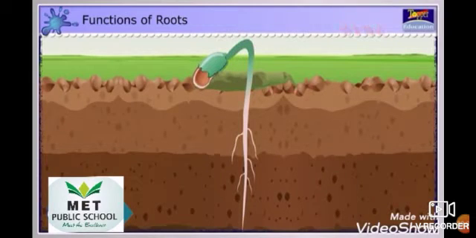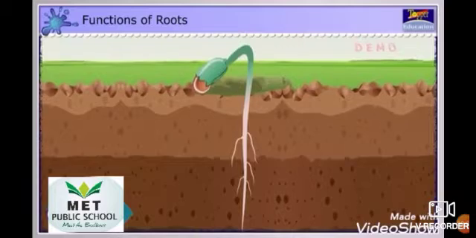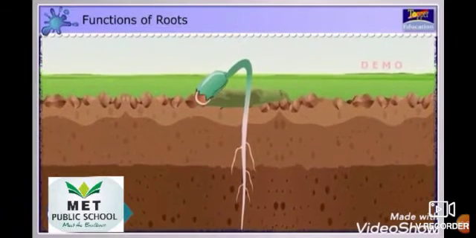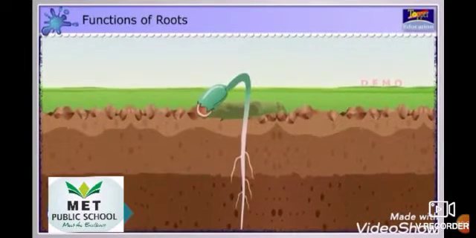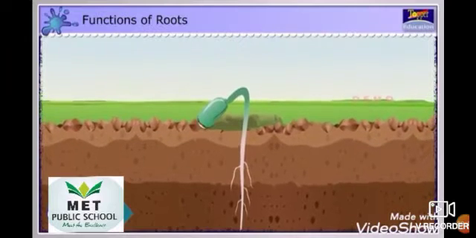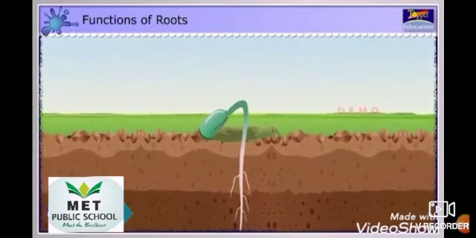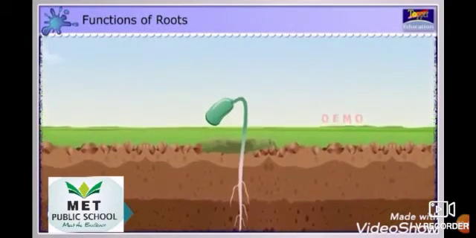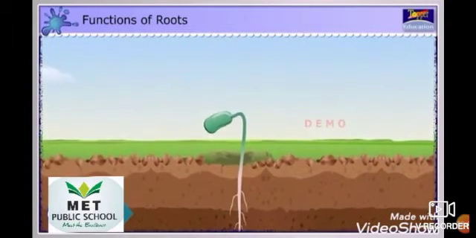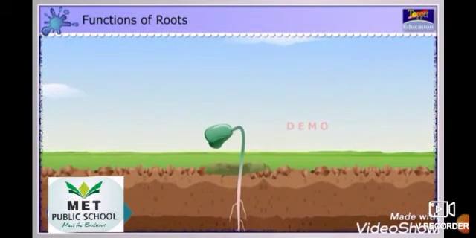You can observe here that the root absorbs all the nutrients from the ground, like water and soil particles and whatever they need, nitrogen, everything. By absorbing that nitrogen, your plant also grows very nicely.